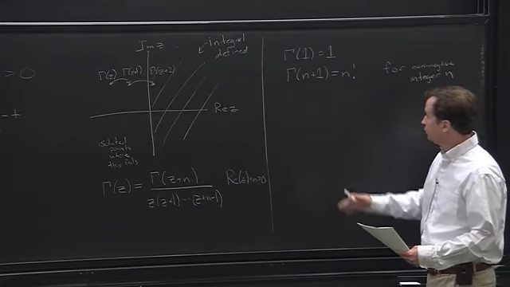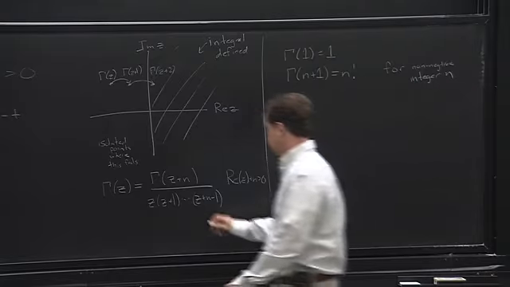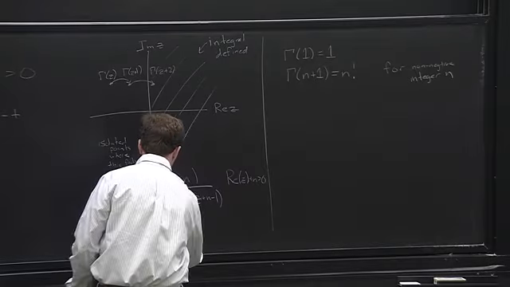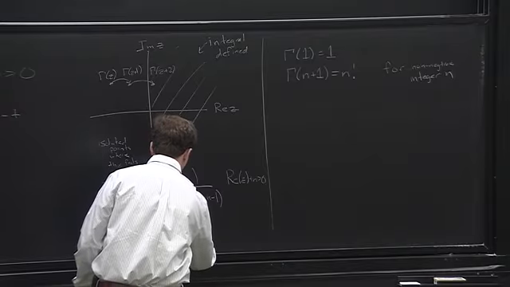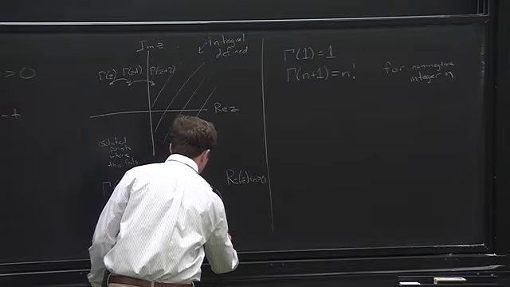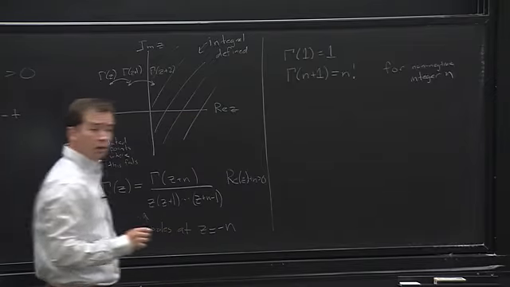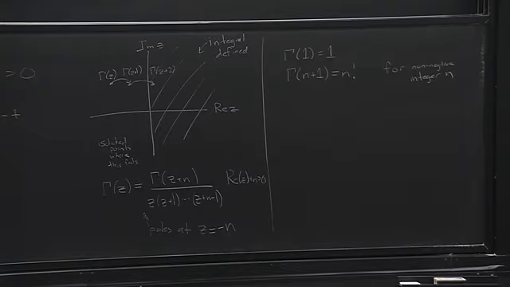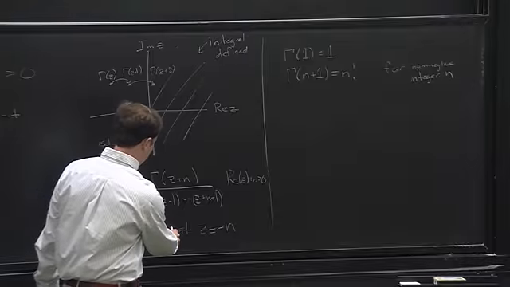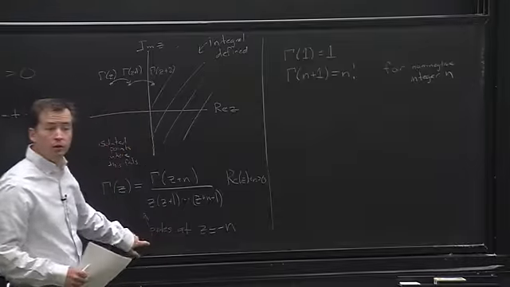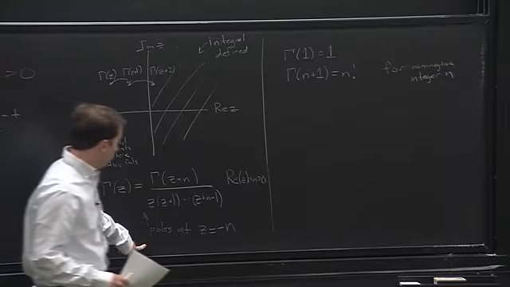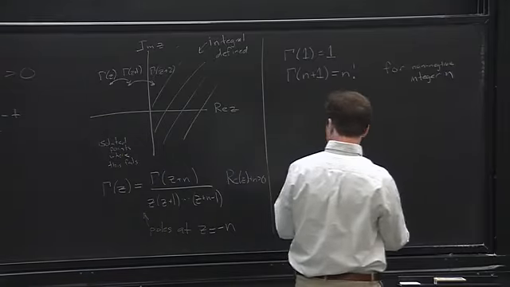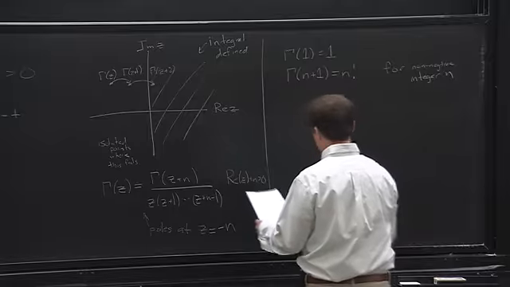So this tells us that there are poles at the negative integers. And for dimensional regularization, which we'll go through in tutorial this afternoon, it will be useful to determine the residue at these poles. So we can do that, again, just by using this formula.